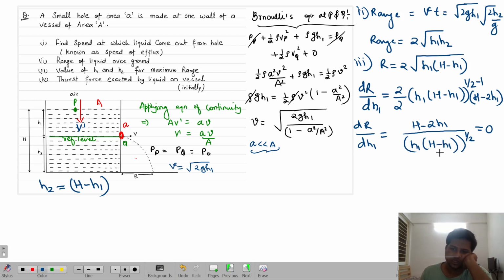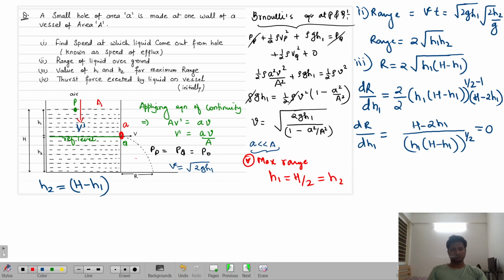Denominator cannot be equal to 0, but the numerator can be equal to 0. So H must be equal to twice h1, and that implies if I want maximum range, the height h1 must be capital H by 2. Is that okay?